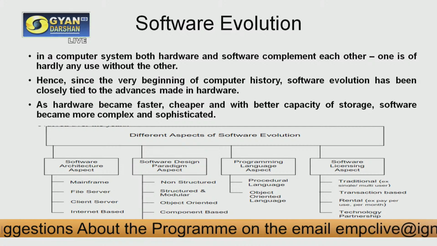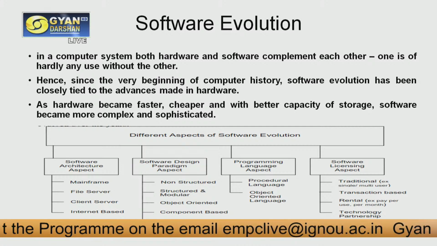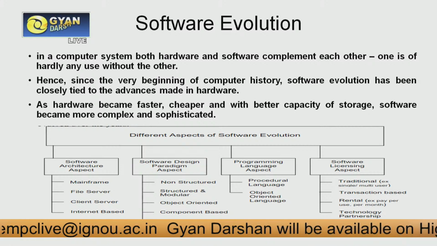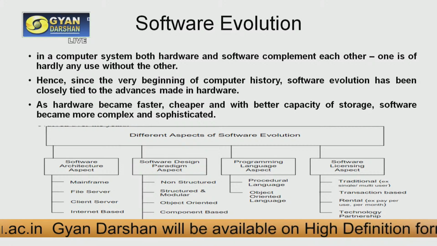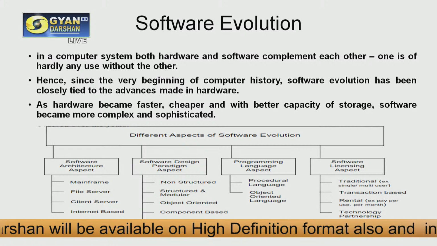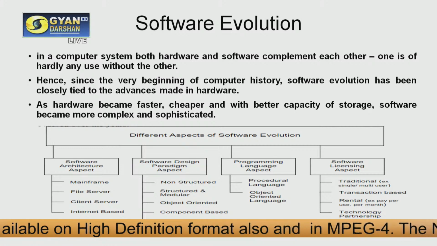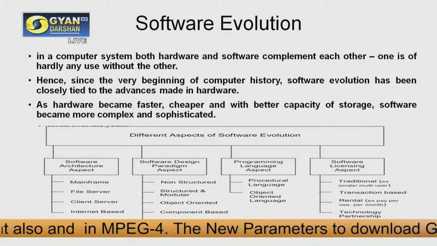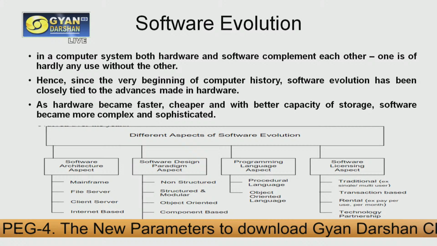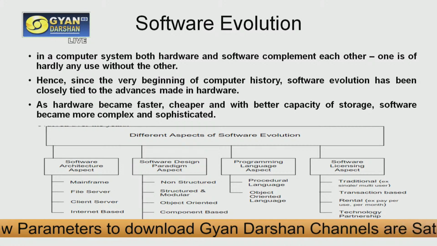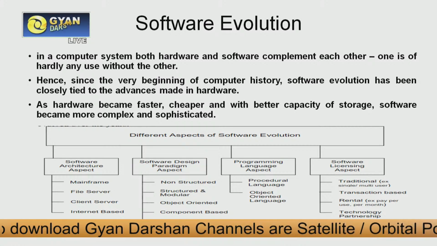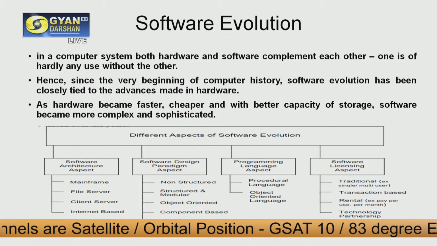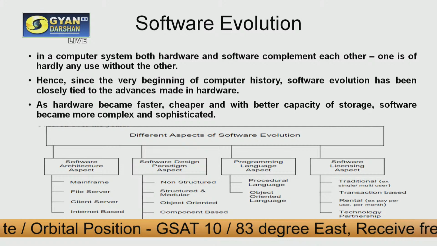So far as language paradigms are concerned, we have procedural languages and object-oriented languages. The programming paradigms include non-structured programming, structured or modular programming, object-oriented programming, component-based programming, and service-based programming. So far as architecture is concerned, we have mainframes, file server based architectures, client-server architecture, internet-based architecture, and cloud architecture.